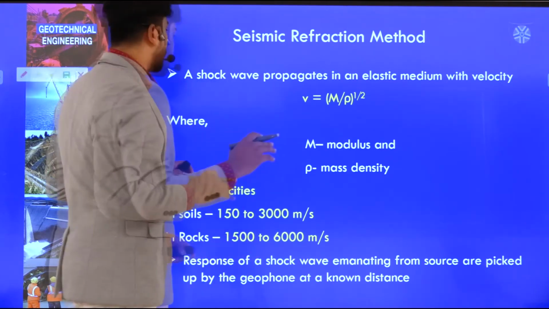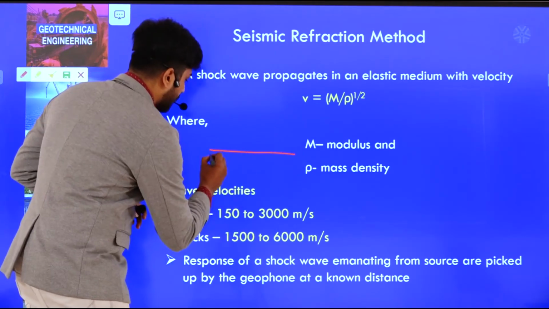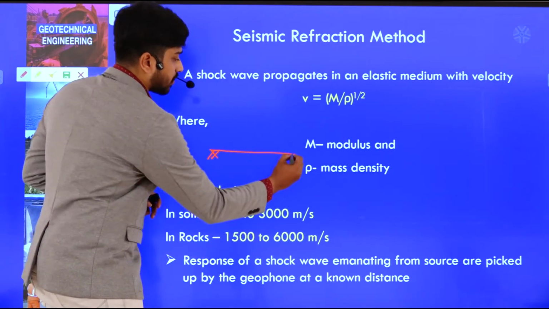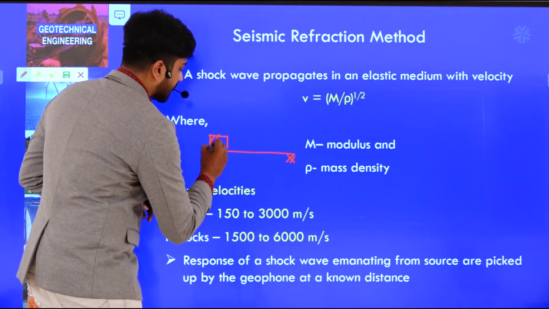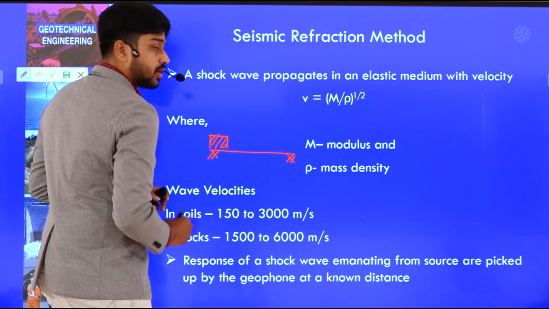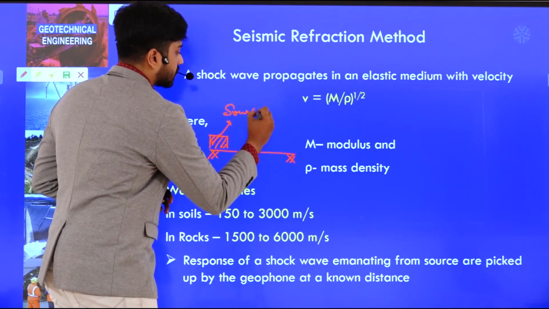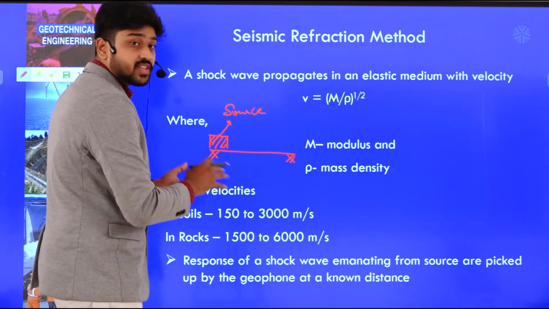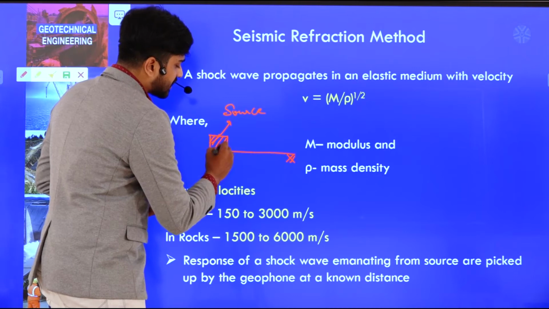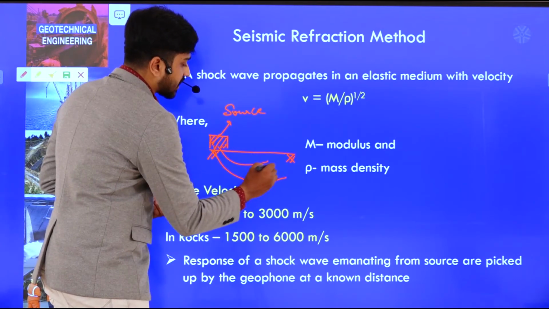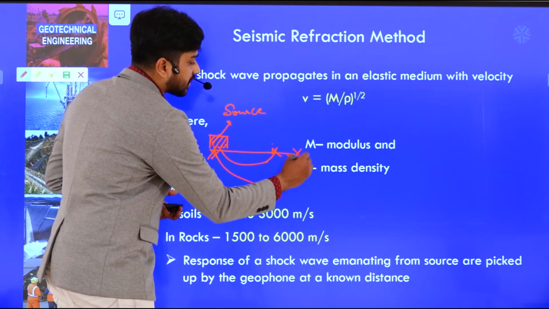This means that, imagine there is a ground level, and there is some source from which the waves are propagated. This is the source point from which the waves are propagating into the soil, and the waves will be recorded at other points.